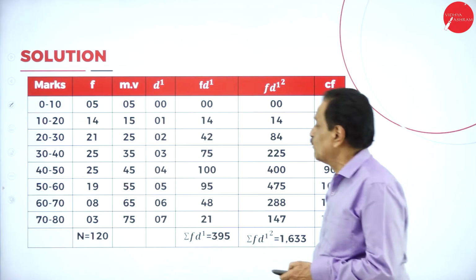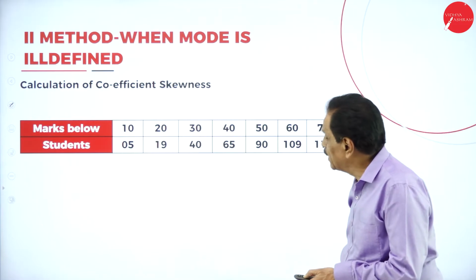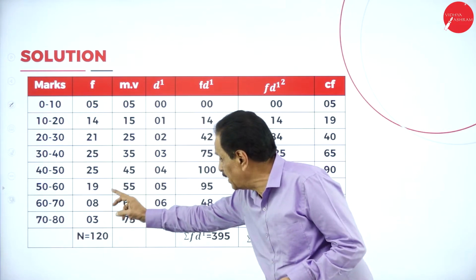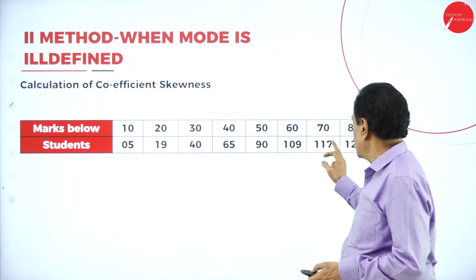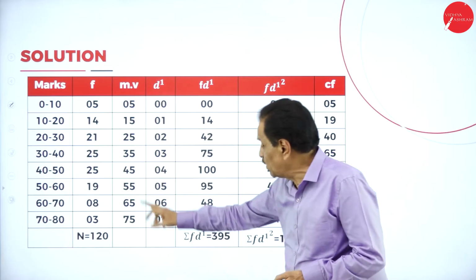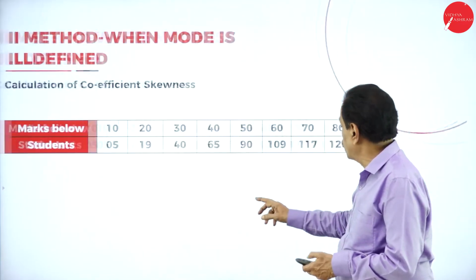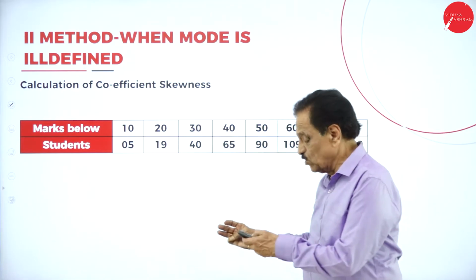The next, 90 to 109, is 19. I took 19. The next number, 109 to 117, how much difference? 8. I took the 8. What is the next one? 117 to 120, the difference is 3. I took the 3.